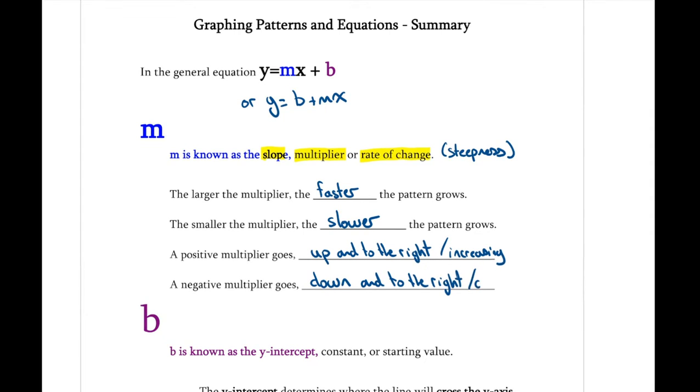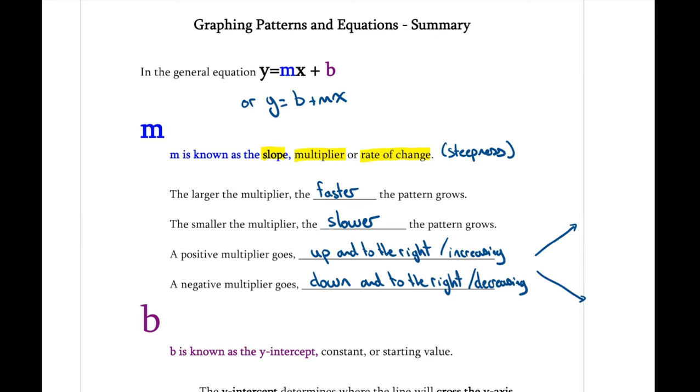Or you might say decreasing, which makes sense because the multiplier is what we're changing by every time, going from one position to the next. So if it was a positive multiplier, we'd be increasing. If it was a negative, we'd be decreasing. Graphically, it would look something like that. That's our positive multiplier. Negative multiplier looks something like that. It's decreasing. It's going down.